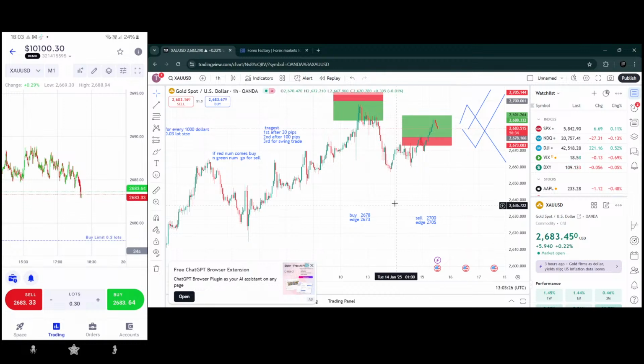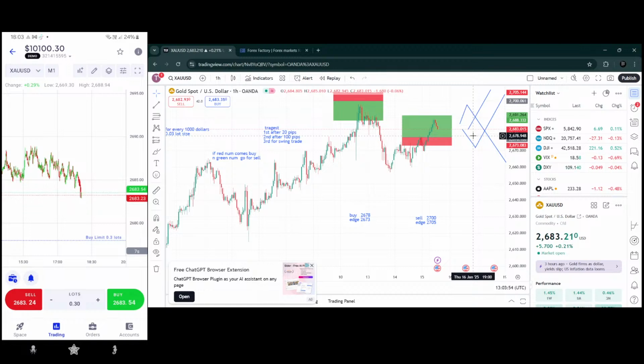If you see this, the market takes support at 2657, second the market takes support at 2659.85, then the market takes support at 2670, and the last support here is 2678.